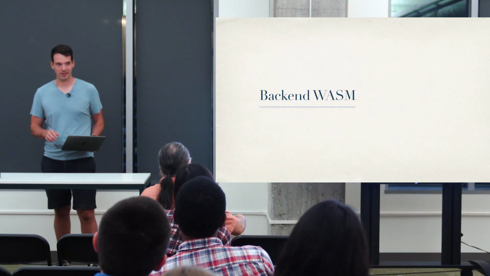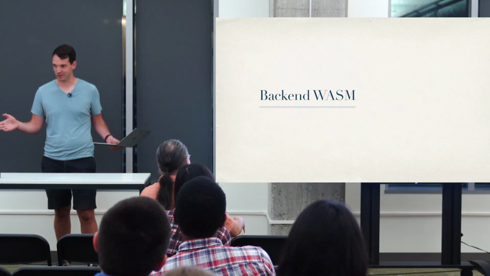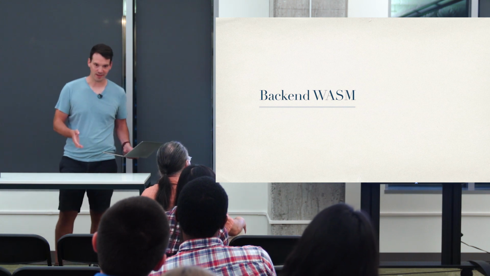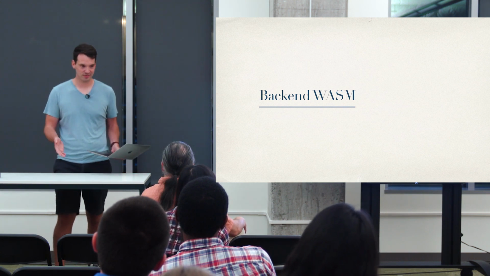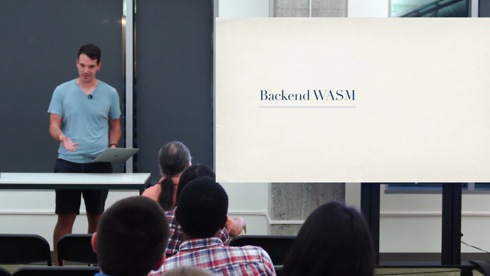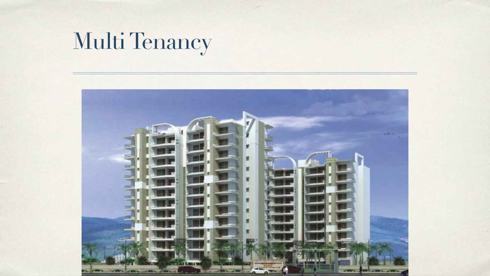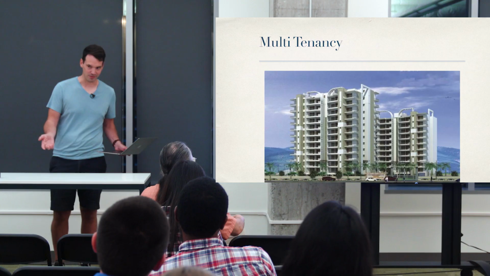So I poked around, and one of the big things you run into, I'm sure there's mostly back-end developers here, so I don't have to explain the back end too much. But on the front end, you're only working with one user at a time, right? On the back end, you've got to deal with multi-tenancy, right? Not always. You can set your system up so you don't have to, but a lot of us have to deal with this.